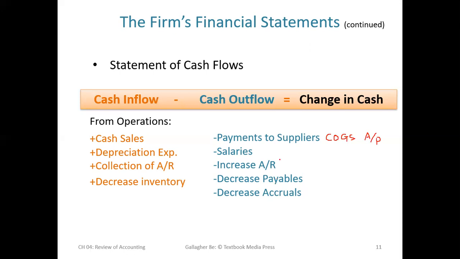That's cash outflow. You're supposed to pay that amount, but payable decreased, or you decreased accruals. You already paid the salary, so it decreases your accruals. So the sum of your cash inflow minus the sum of your cash outflow is going to be the change in cash.